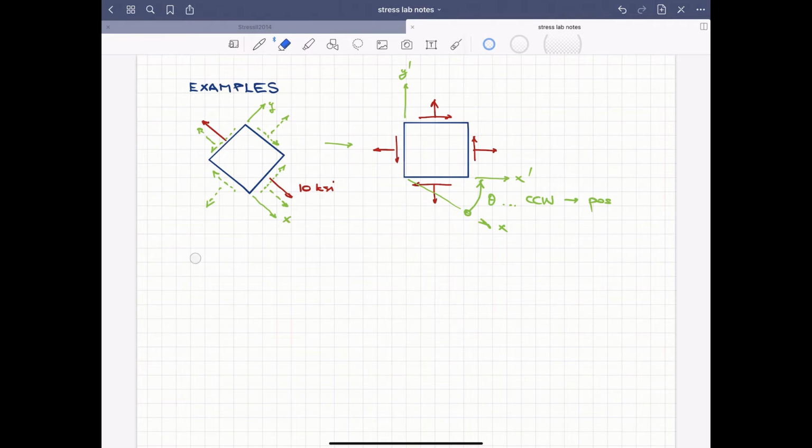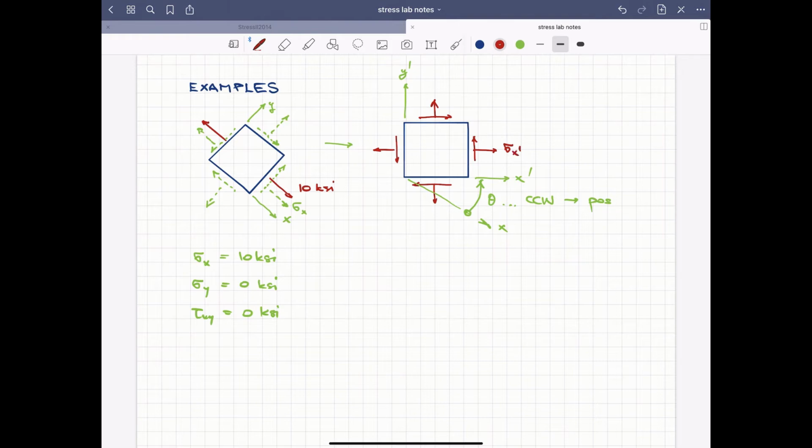Next, I compare those to my given stresses, and we see that the 10 ksi are actually a positive sigma x. So we have sigma x is 10 ksi. There's no shear stress or normal stress in the perpendicular direction. That means sigma y and tau xy are 0 ksi. At that point, I know all the components of the original stress tensor.